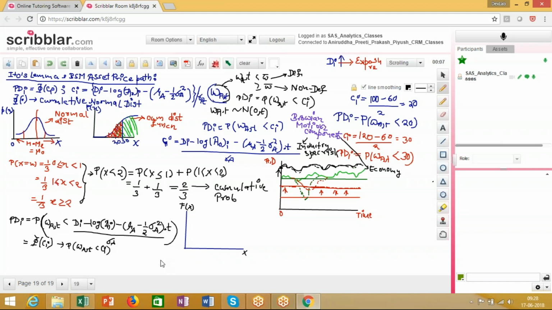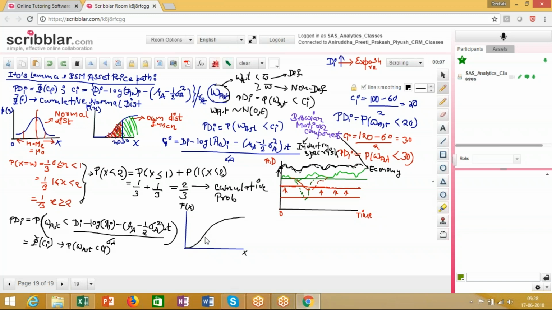So a cumulative distribution function would look something like this. Ultimately, it would end up at 1. As you keep on adding the probability values, it will increase in between and then flatten out. Why? Because if you look at the probability distribution of a normal distribution, which is symmetric, it picks up towards the middlemost values.